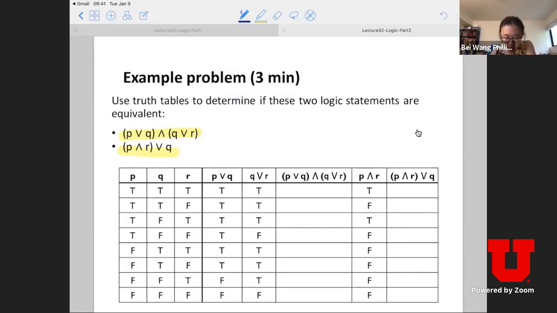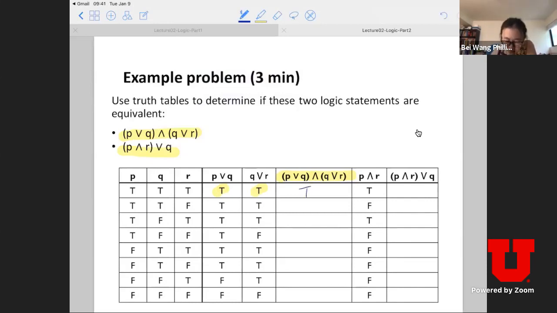Okay. So the first row, I'm focused on right now this column. This column has 2 parts, P or Q, and then Q or R. Since both of them are true, and it's an AND operation, it's true.